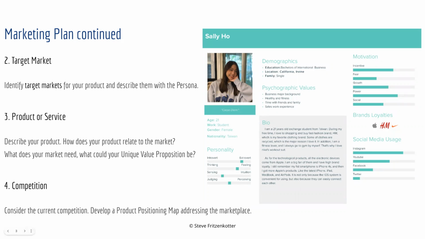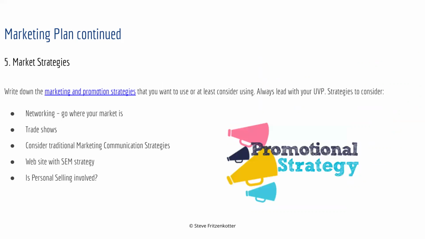Then number 4, we're going to be looking at the competition, and we're going to be rolling these out through the coming weeks. So we're just going to take these one bite at a time, but we're going to consider the competition, and so that's going to be something we're going to be focused on. We're going to build what we call a product positioning map to really get a look at the competition.